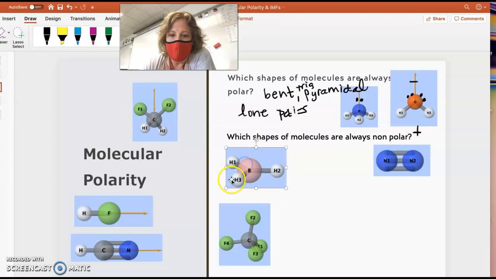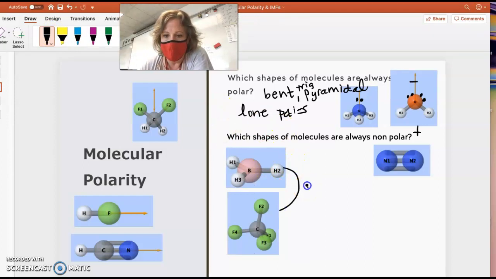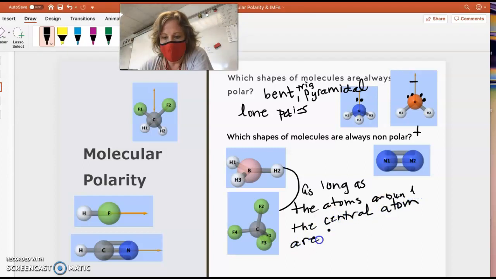if you have a trig planar or a tetrahedron, I'm going to write you guys a rule here, which I'm sure you already have. As long as the atoms around the central atom are the same, then it will be nonpolar.